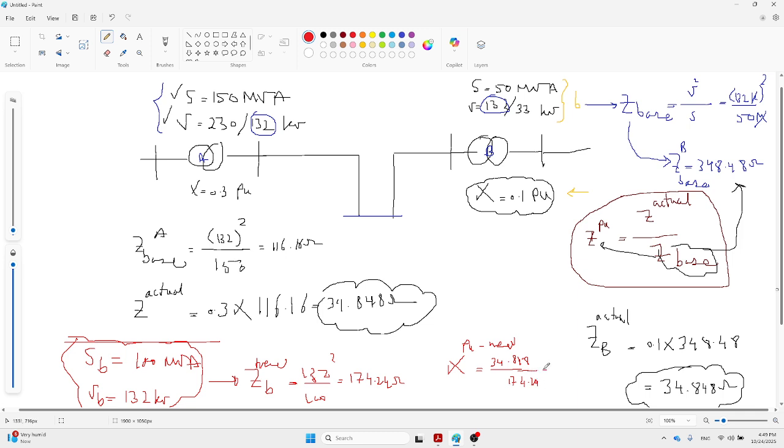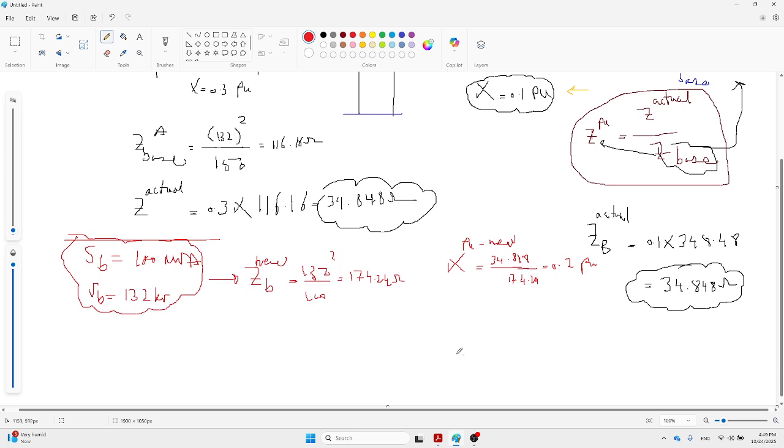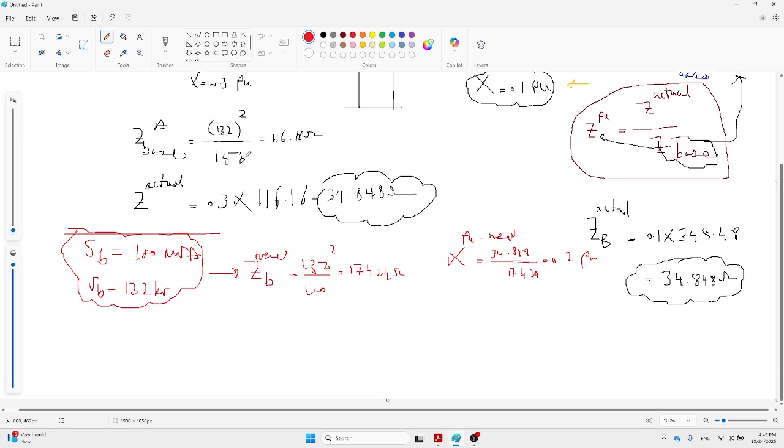So the final value here is 0.2 per unit. So this idea and this formula: first find the real base for the component, then the actual value, and then convert it, which can be easily done using this formula.